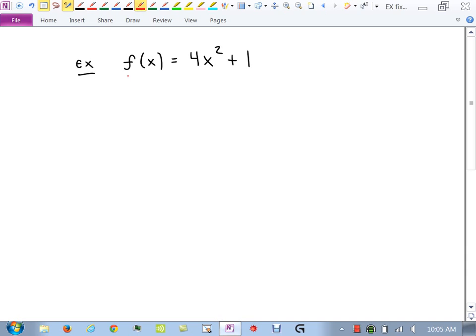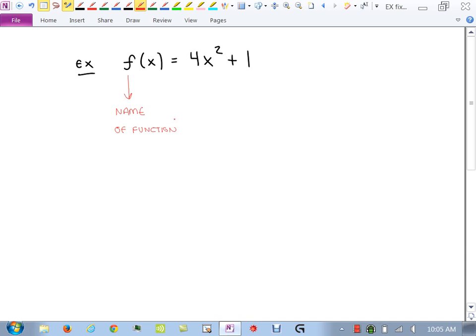The F you see in front here is the name of the function. So what's the name of this function? F, okay? F, that's the name of this function. And the book likes to use F because F for function, right? But you could have any letter you want there. G, C for cost, R for revenue. It's always the letter in front of that set of parentheses.